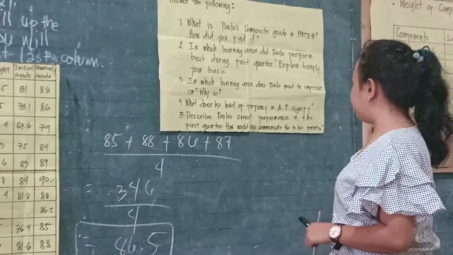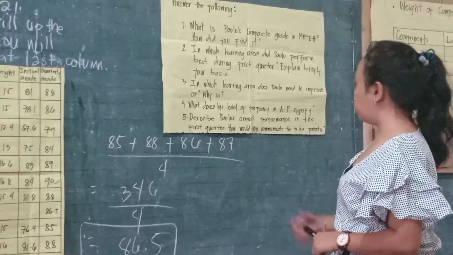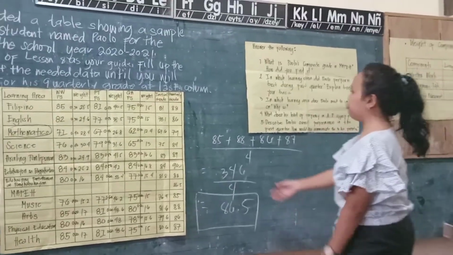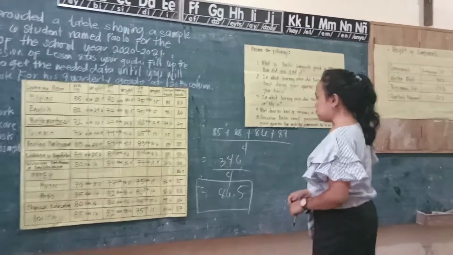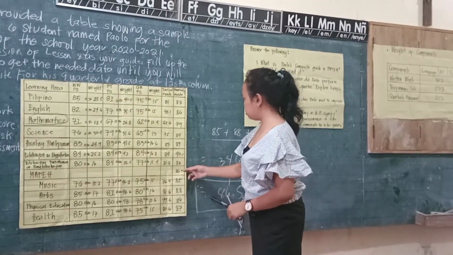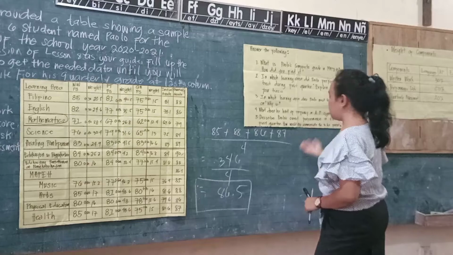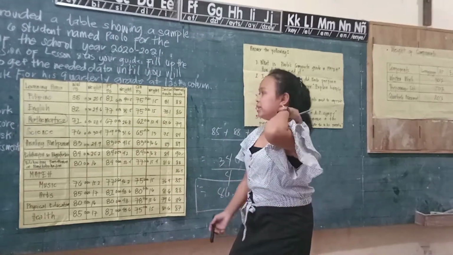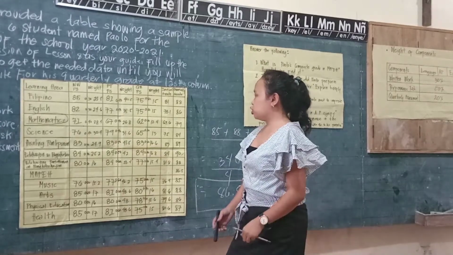Next question. Describe Paulo's overall performance in the first quarter. How would you communicate to his parents? The overall performance of Paulo is quite good. I can communicate to his parents by inviting them for a meeting or during card giving.